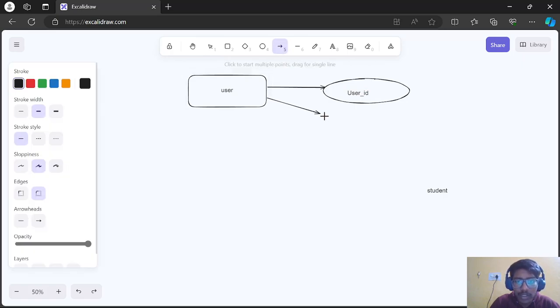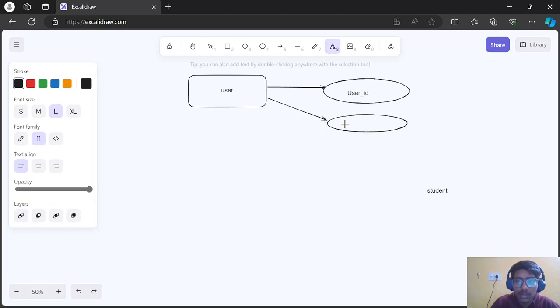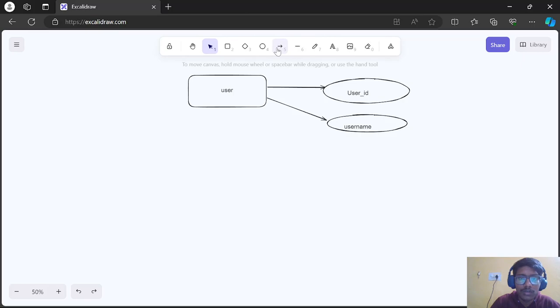The next attribute is the username, which specifies the name of every user.